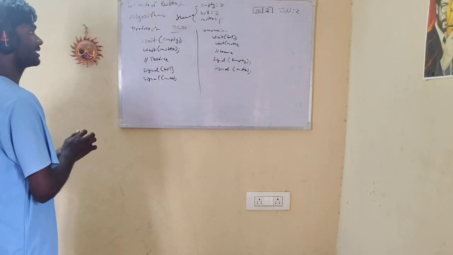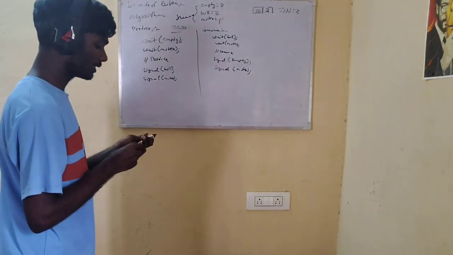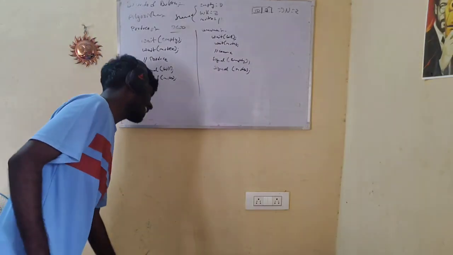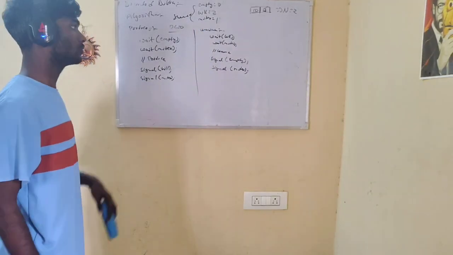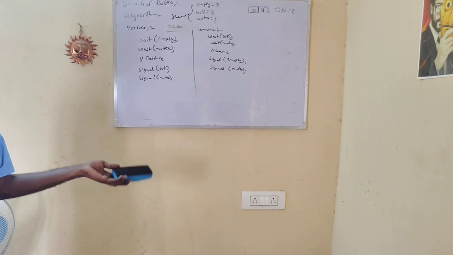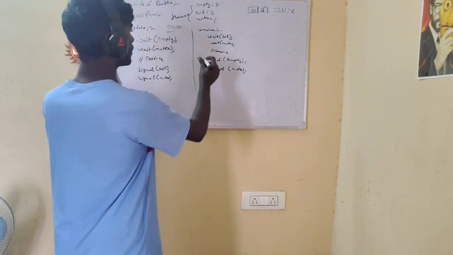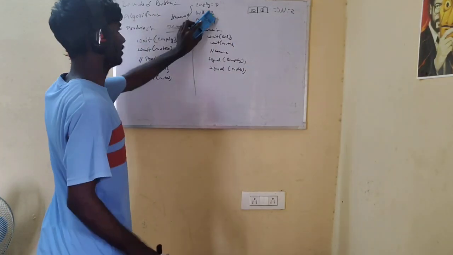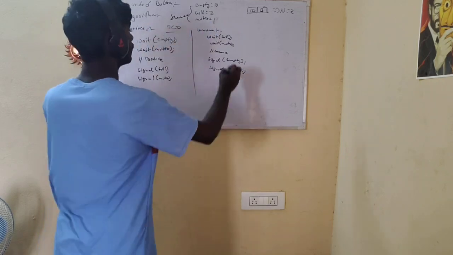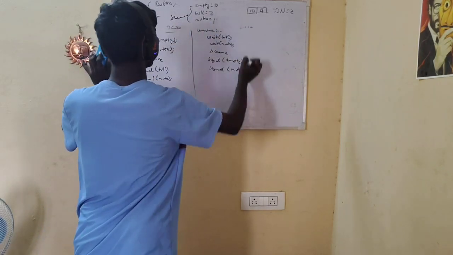So now let's just leave this producer aside. Coming to the consumer, let us say we have a consumer trying to read some data. Wait of full: full value is 2, 2 less than or equals to 0, false.